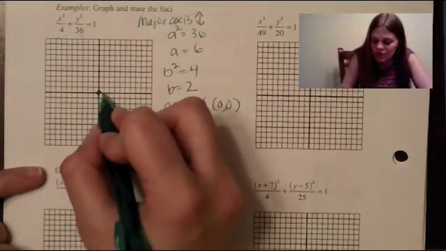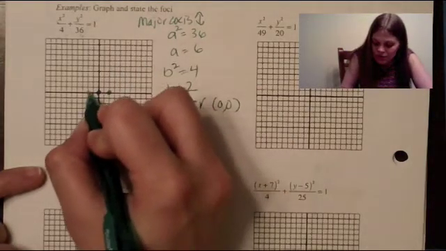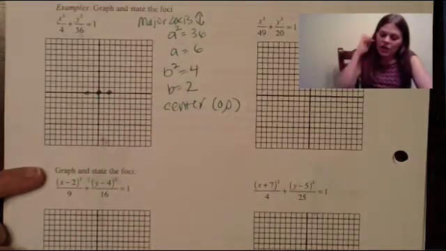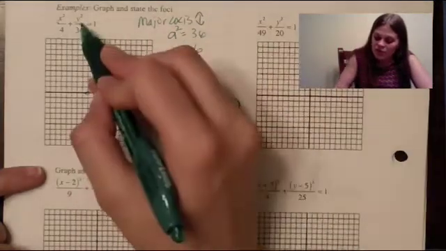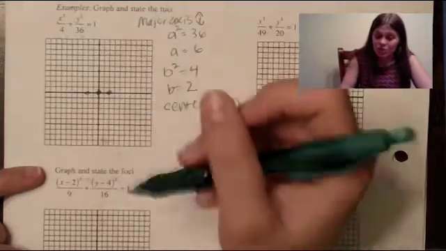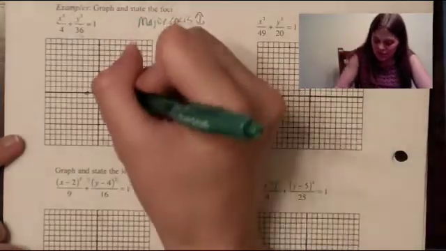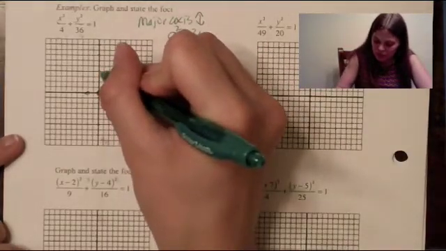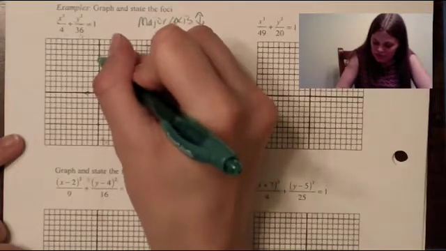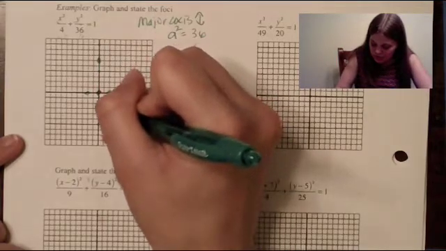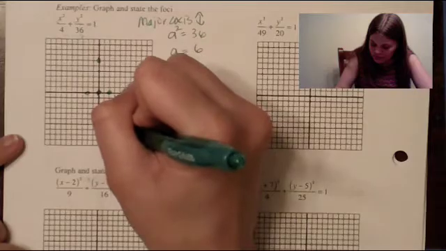So I'm going to go left and right by 2. So here's 2 and here's 2. And then the a value is underneath the y, which means I'm going to go up and down by 6. So I go up 1, 2, 3, 4, 5, 6. And down 1, 2, 3, 4, 5, 6.